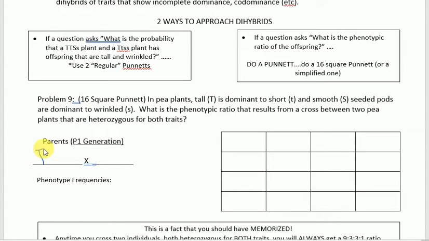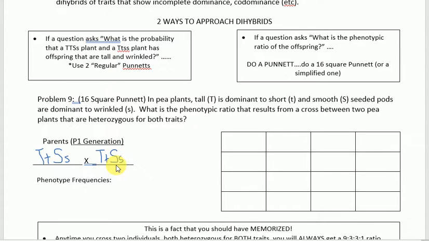We've got big T, little t, big S, little s, and we are crossing that with big T, little t, big S, and little s.